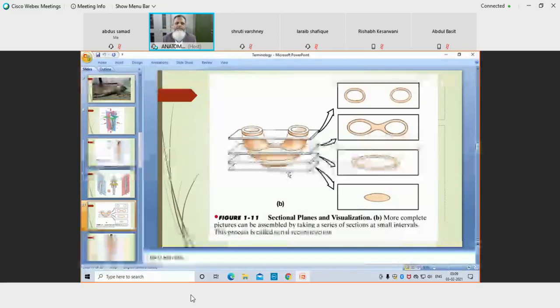After that, we are now going to move to another terminology, basically the terms used for the description of the trunk.